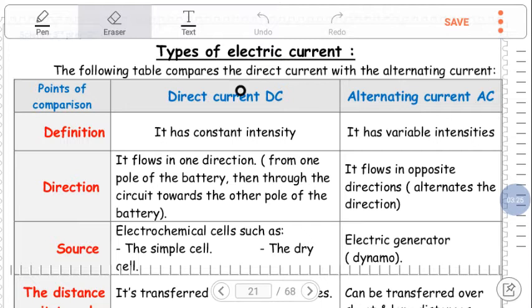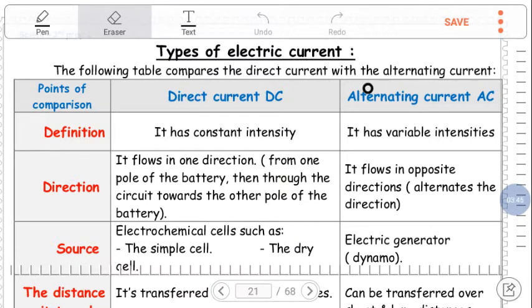The direction of the direct current DC is to flow in one direction. It flows in one direction from the pole of the battery, then through the circuit toward the other pole of the battery. So it flows through the circuit in one direction.